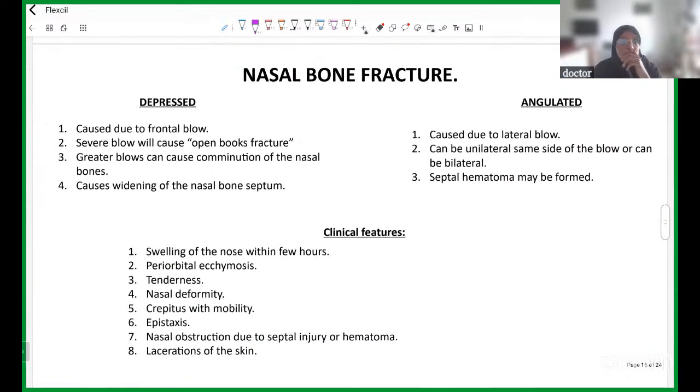Now, let's move to the next topic, that is nasal bone fracture. So, trauma to the face: the injuries of the face can involve soft tissues. So, what are the soft tissues that you have in your face? You have the parotid gland, you have the tongue, you have the eyeball, right?